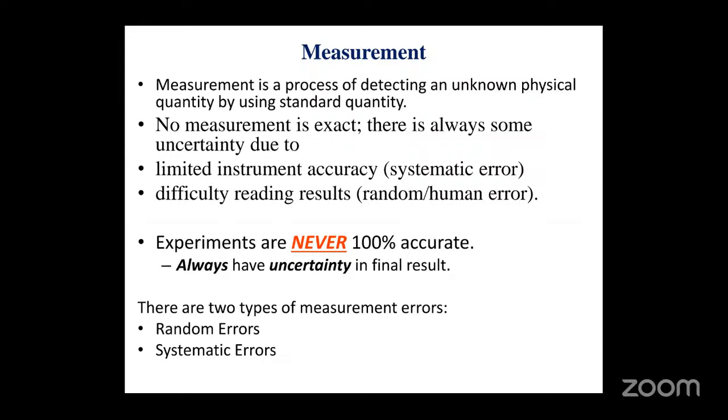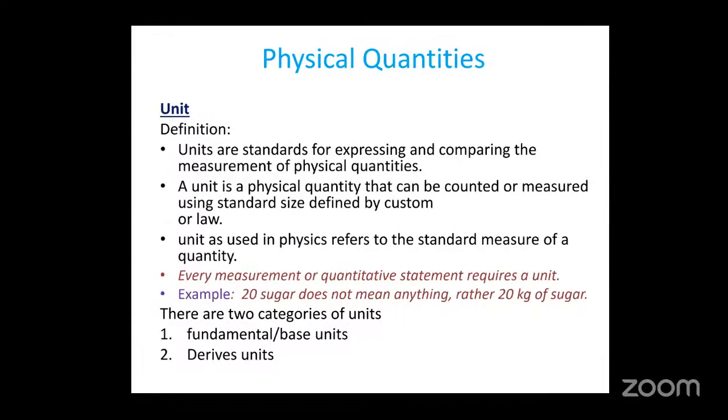If it is faulty and it can be repaired, the apparatus should be repaired to minimize systematic error. And if it cannot be repaired, then you replace the apparatus to avoid systematic error. So these are some of the ways to minimize error in measurement.